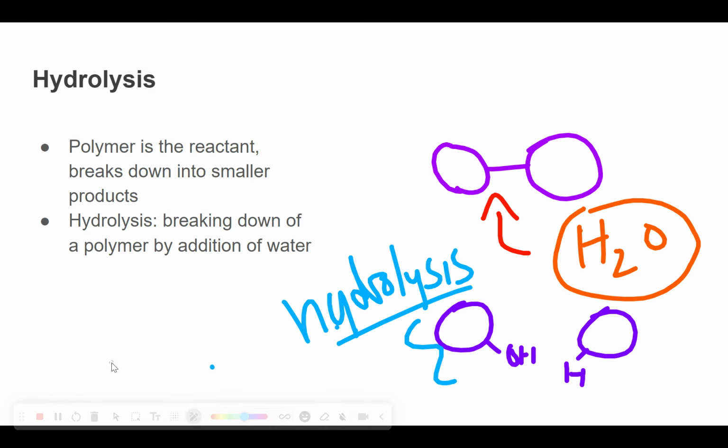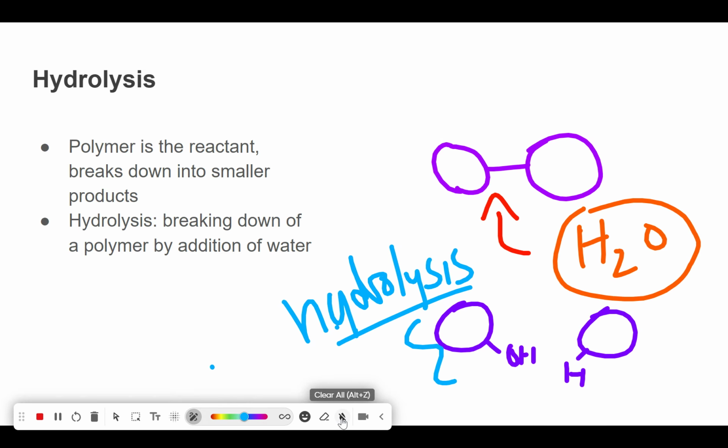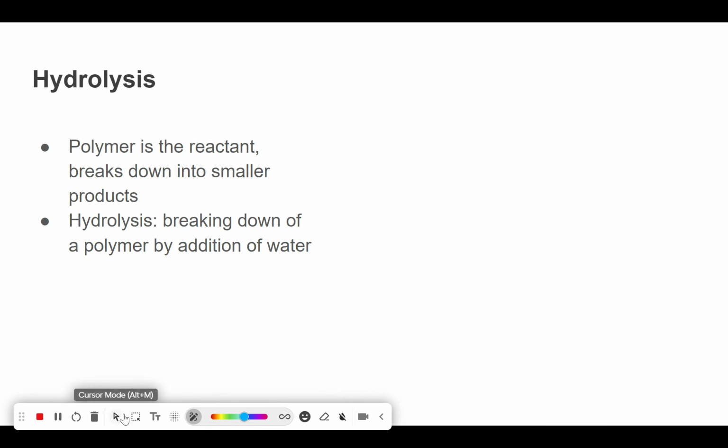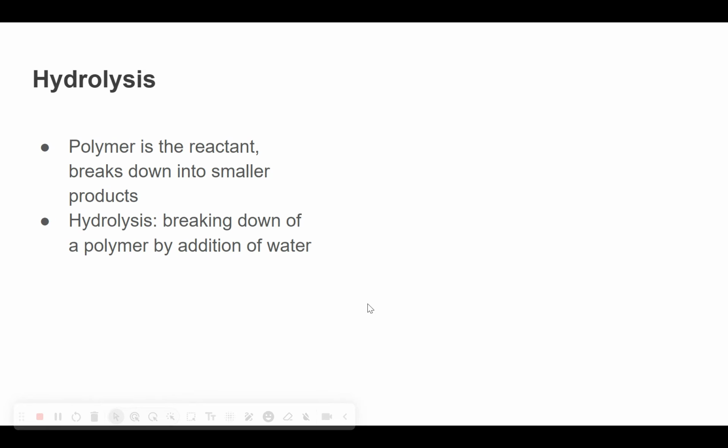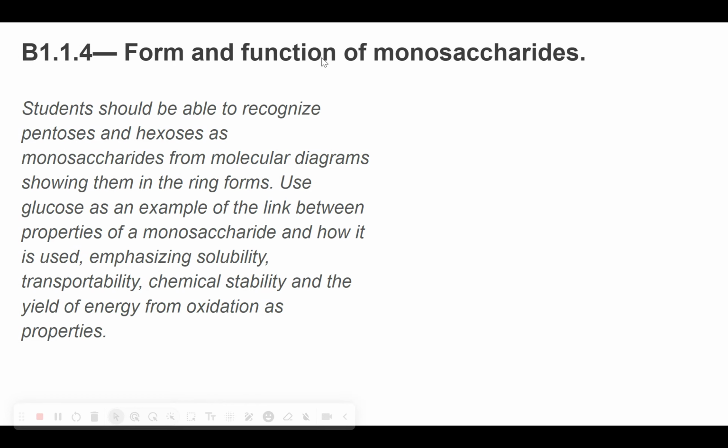All right, and if you understand those two types of chemical reactions, you're in pretty good shape. The next thing the IB syllabus looks at is the form and function of monosaccharides. Remember, monosaccharides are the monomers of the carbohydrates. And students should be able to recognize pentoses and hexoses as monosaccharides from molecular diagrams, showing them in ring forms.